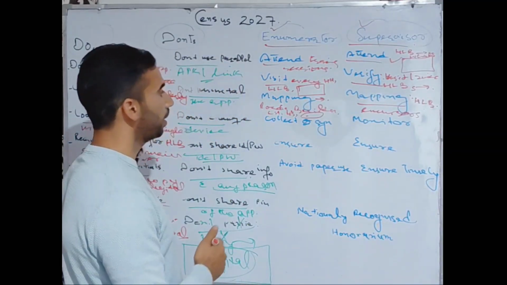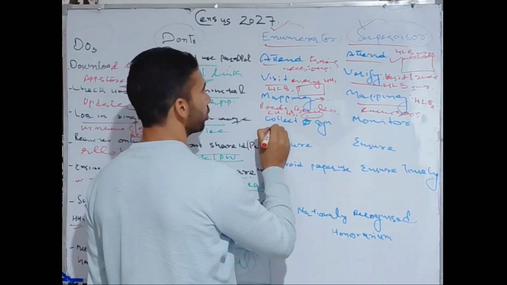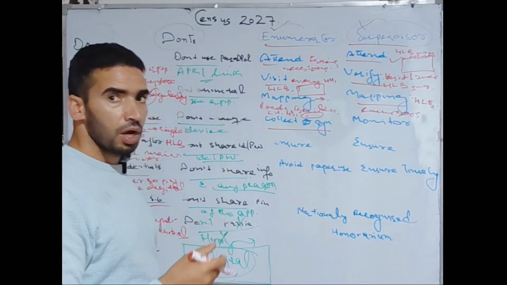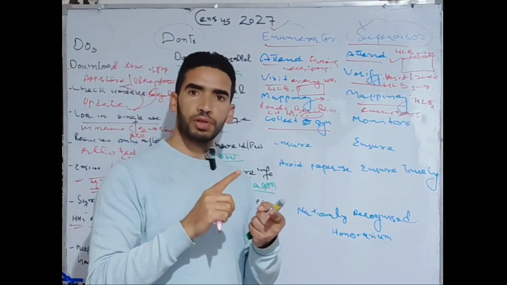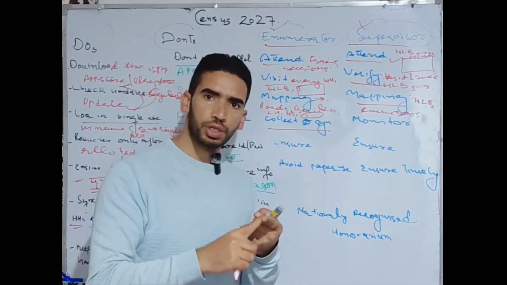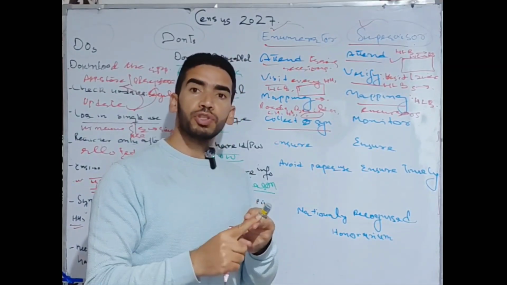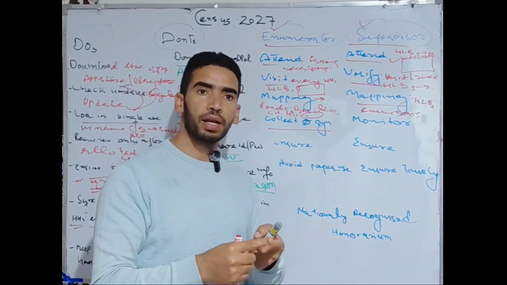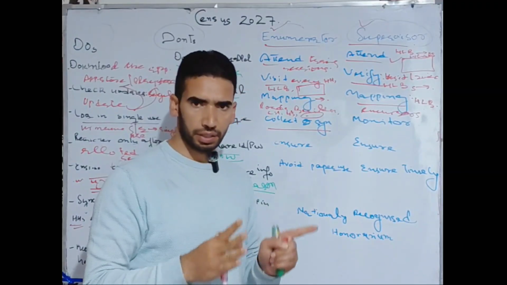Ensure it, remember it. And then, so far as the enumerator's duty is concerned, the enumerator has to collect all the data, in the first phase, about the building, the material used in the building, and the things present in the building, like bicycle, four-wheeler, two-wheeler, TV, refrigerator, and other things.